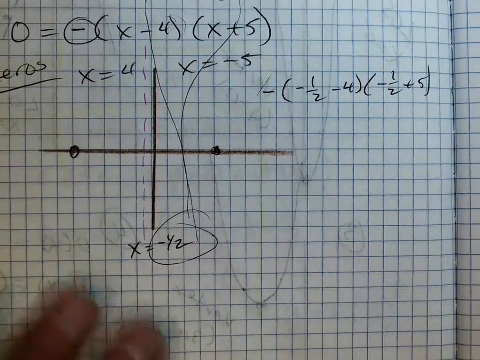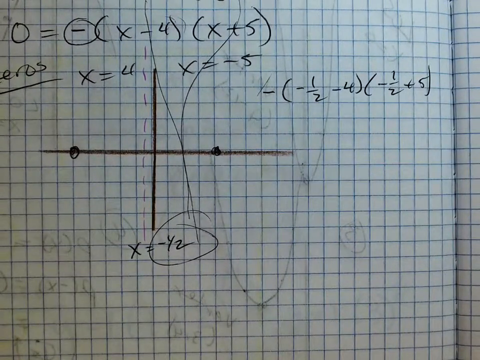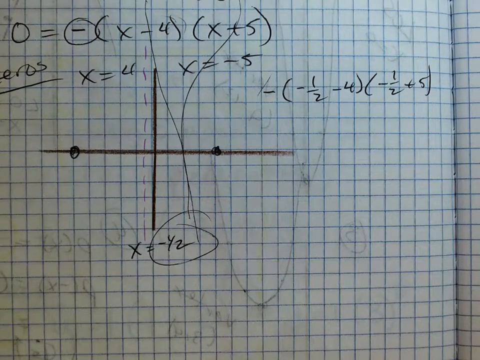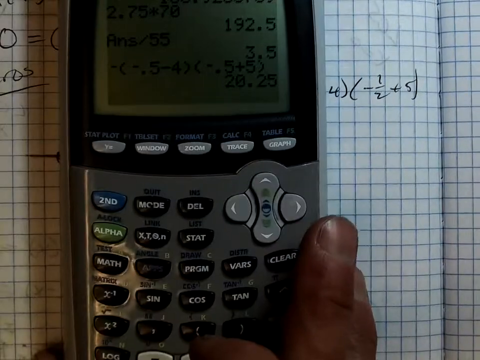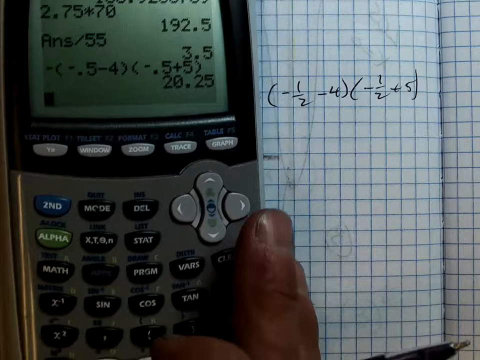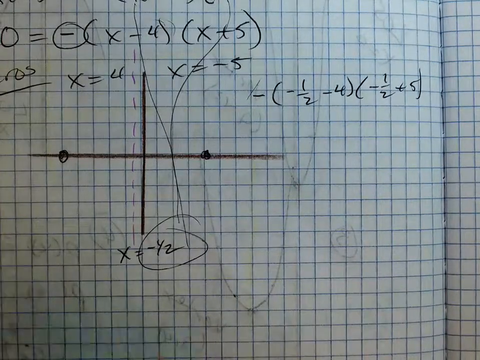Negative parentheses, negative 0.5, subtract 4, parentheses, parentheses, negative 0.5, plus 5. So I get an answer of about 20.25. So it's way up there.